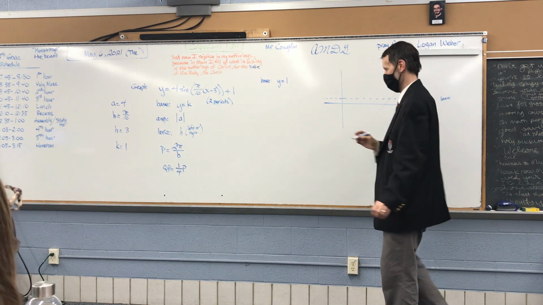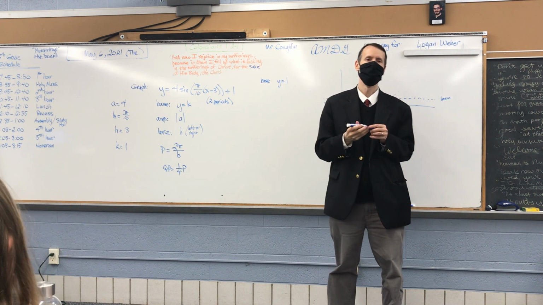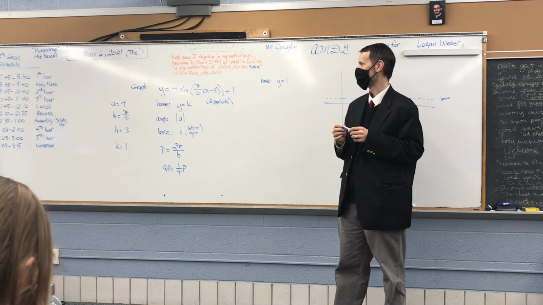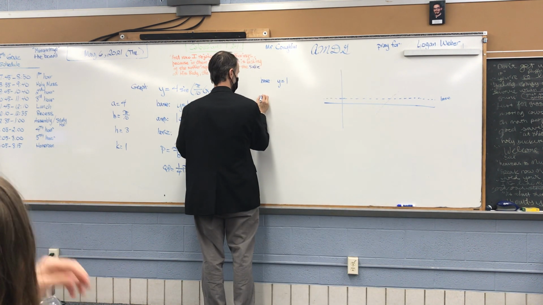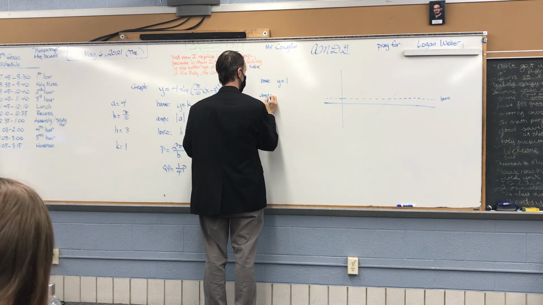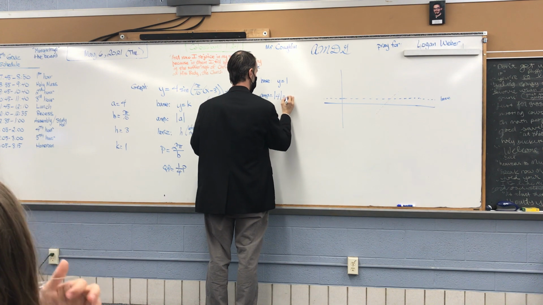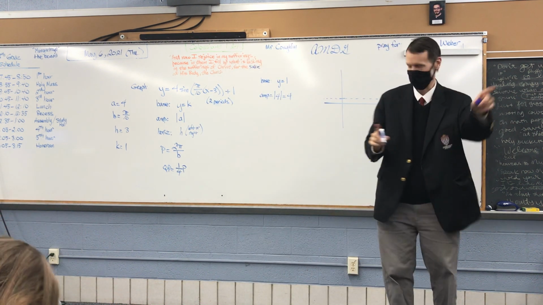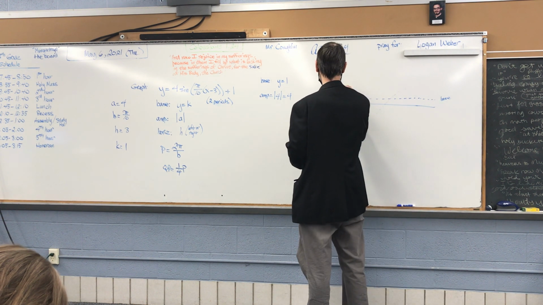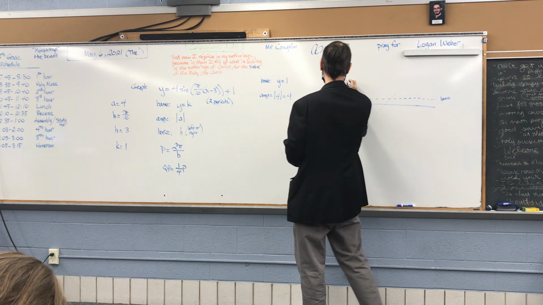Michael, take over. Where's the maximum? I suppose I should ask ahead of time, what's the amplitude? 4. Yeah, the amplitude is 4. The absolute value of 4 is 4. So use that. Where's the maximum? It's at 5. It's 4 spaces up. And where's the min?